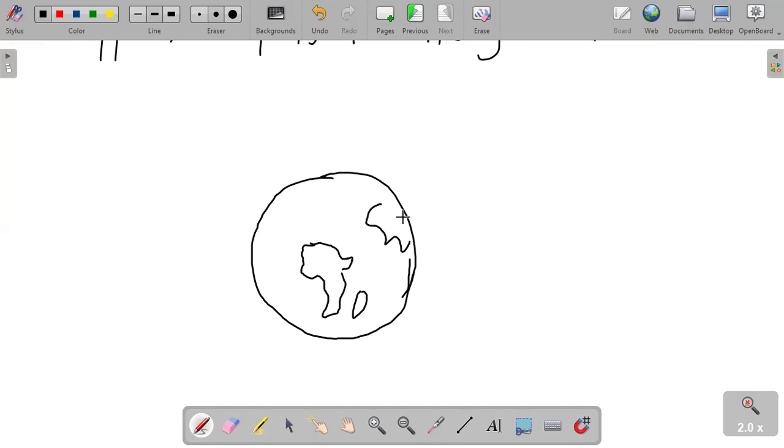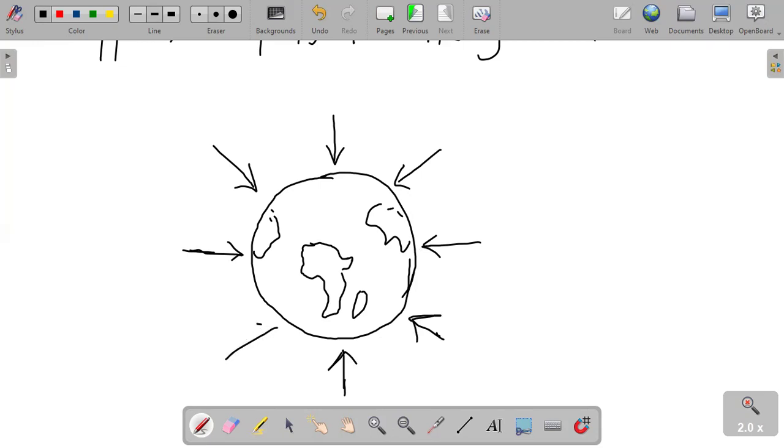Then there is Asia. And then there is America. So you can imagine that around the Earth there is a gravitational field, and all the objects are being pulled towards the center of the Earth. So the gravitational force is acting towards the center of the Earth, like that. This is how the gravitational field looks around the planet Earth.